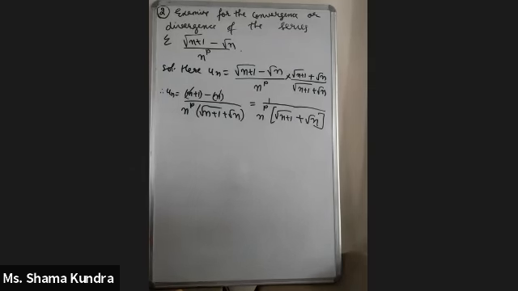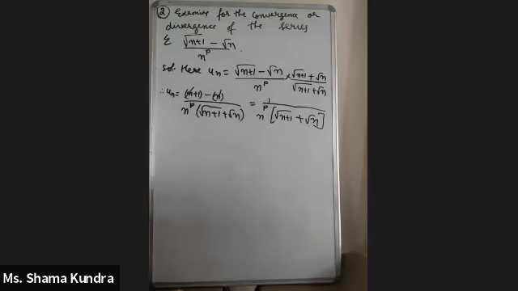After rationalization, we have to take higher power of n common. So, from here, we have to take under root n common. Taking higher power of n common means taking under root n common.